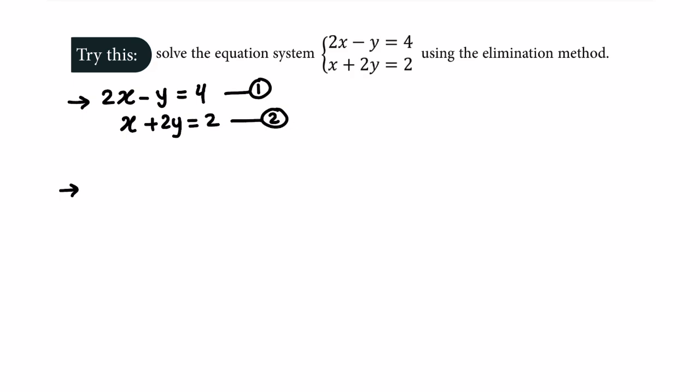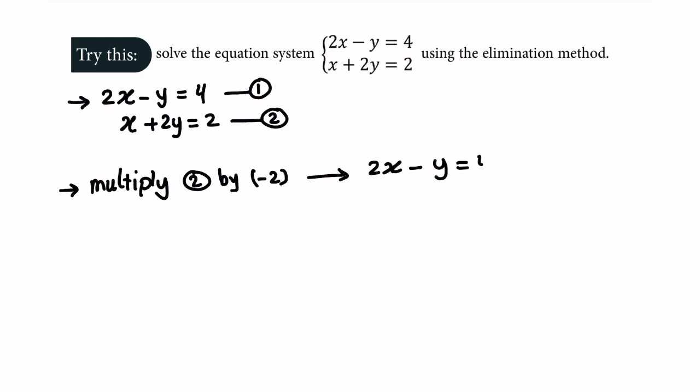So in this case, I'm thinking that if I multiply number 2 by negative 2, it will be good, because I will have the x gone. So in this case, multiply 2 by negative 2, so I can get the answer. So in this case, I have 2x minus y, which is the first equation.